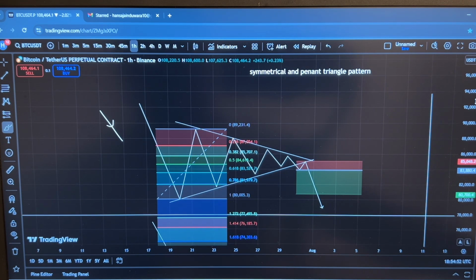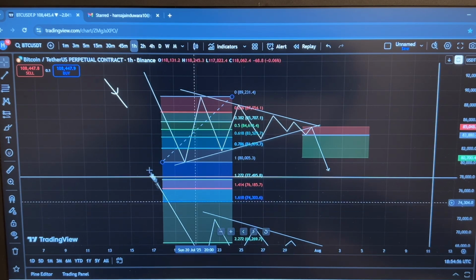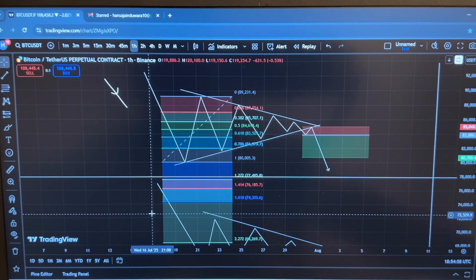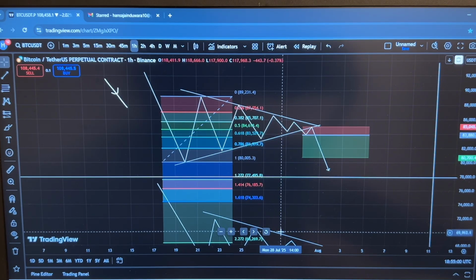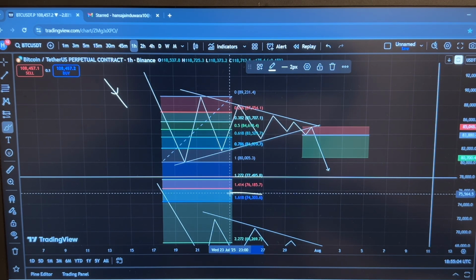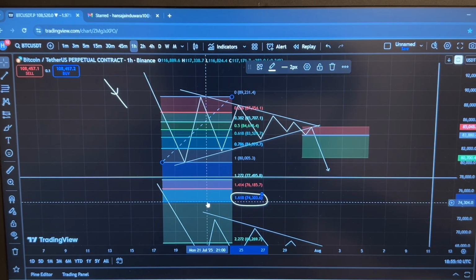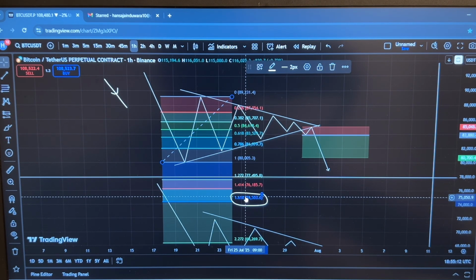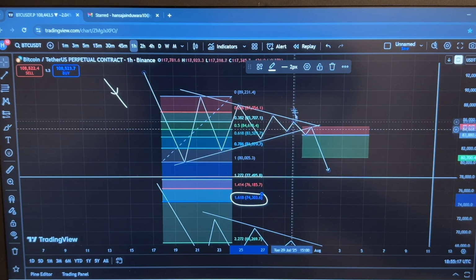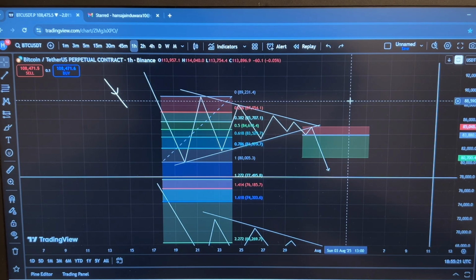Okay, now I have to zoom out. Just don't think about these other things for now. Just focus on this blue line. Like I said, let's talk about the blue line later, so let me explain it further.